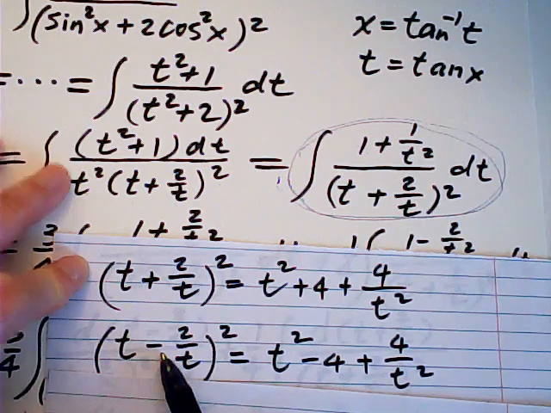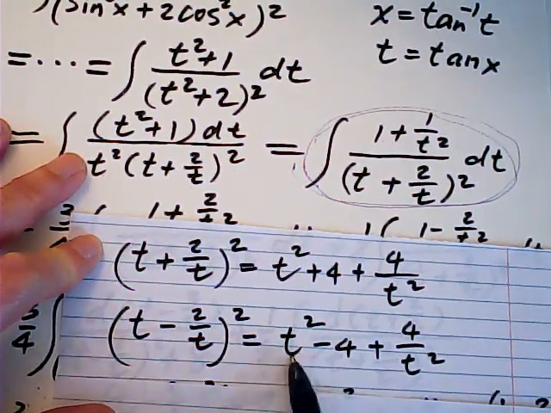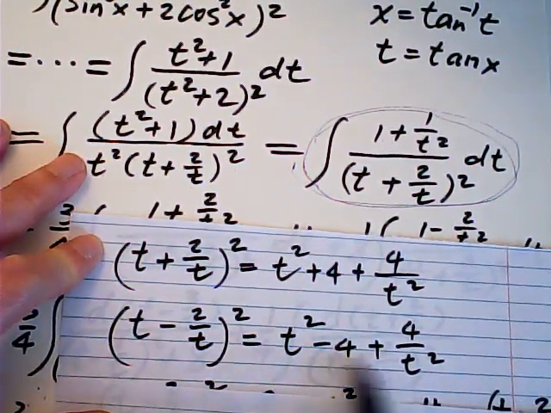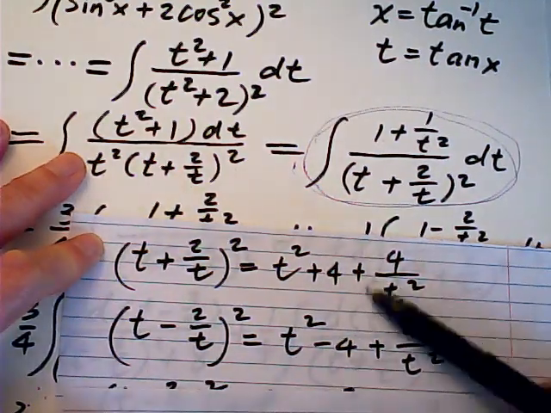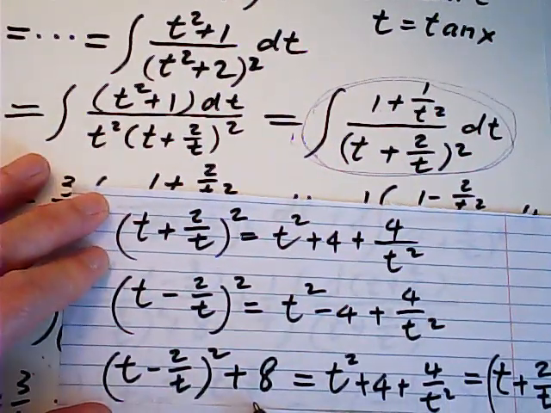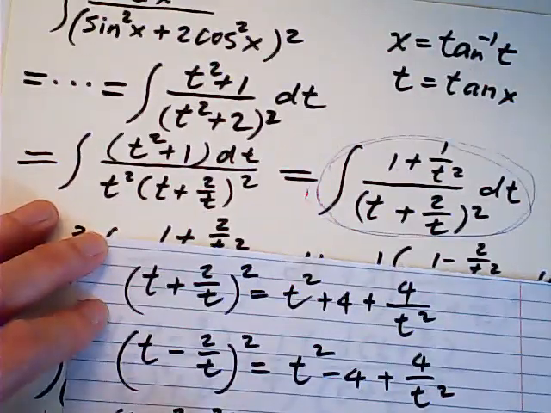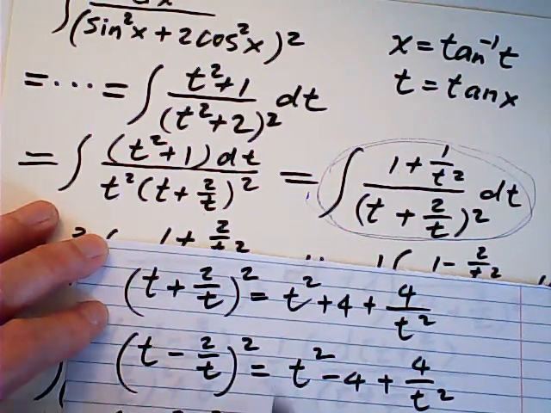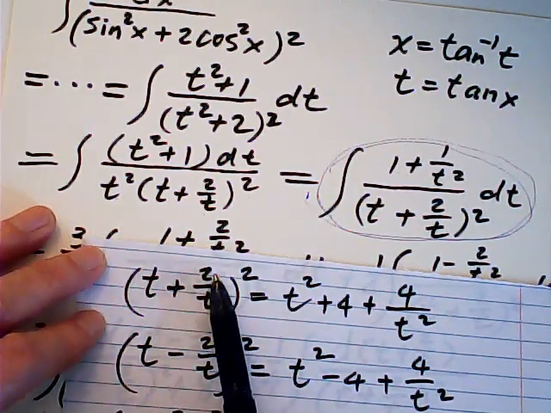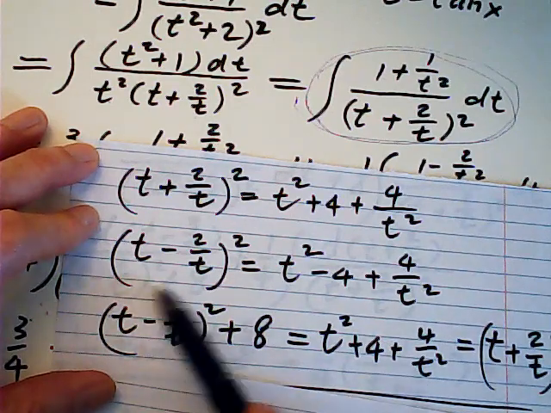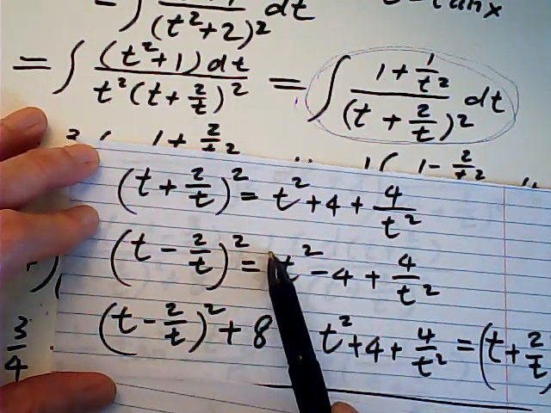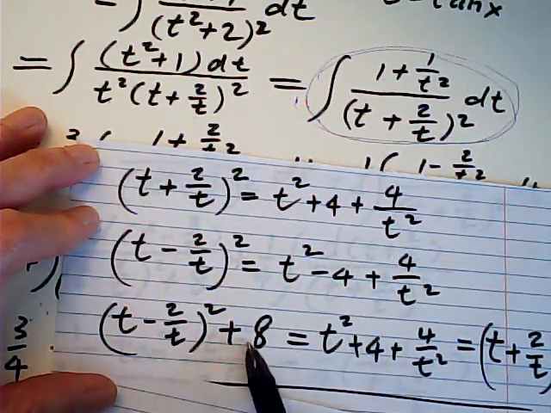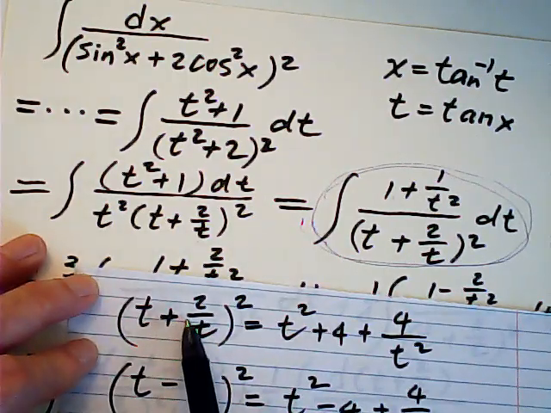If this is negative, then this is this. This will be this. And the difference between these two is 8. If we add 8 to this one, we'll go back to this one. This one is this. This one plus 8 will be this.